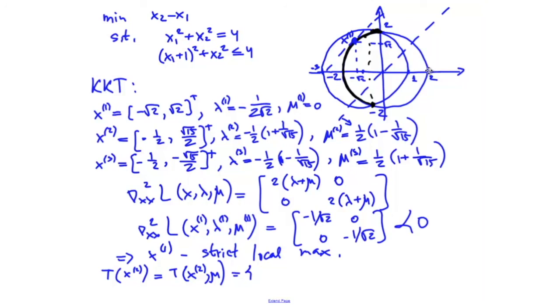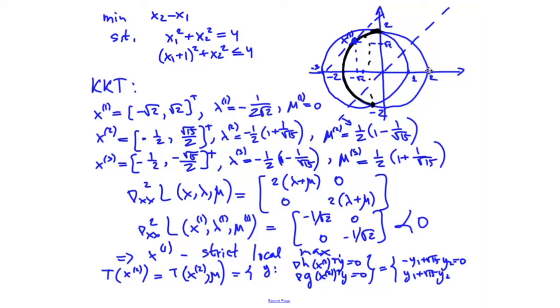All right, so this will be the set of points y such that the gradient of h in x2 transpose times y is 0, and then the gradient of g of x2 transpose times y is 0. So, and then if you write down this system, it will be minus y1 plus square root of 15 y2 is 0. y1 plus square root of 15 y2 is 0.